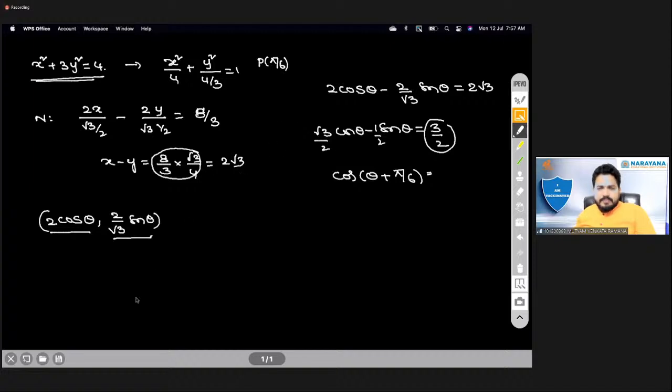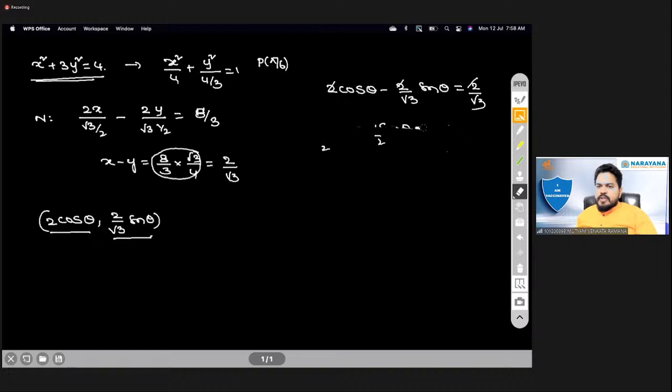Yes, Sunat. x minus y is equal to 2 by root 3. Sorry, x minus y is equal to 2 by root 3, 2 root 3. Oh, right, that's correct. Yeah, root 3 is there, no? So here 2 by root 3. Thank you. So here the 2 cancels.